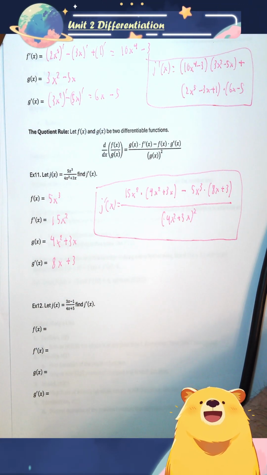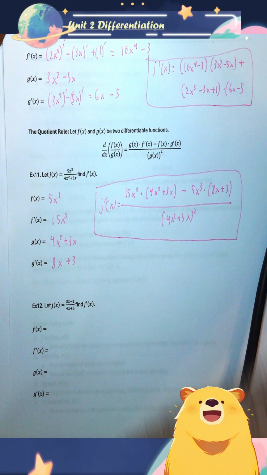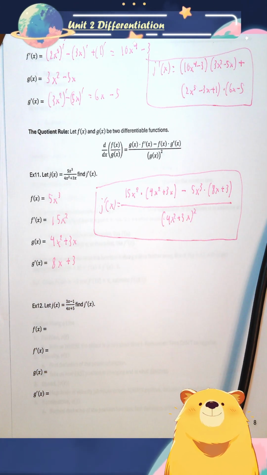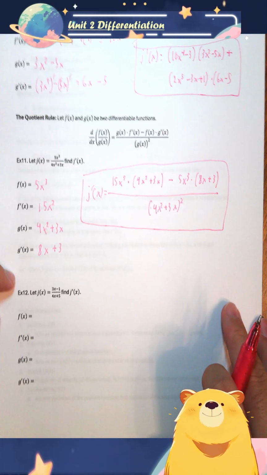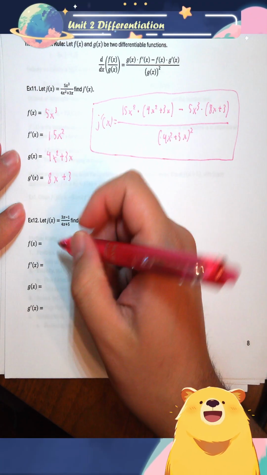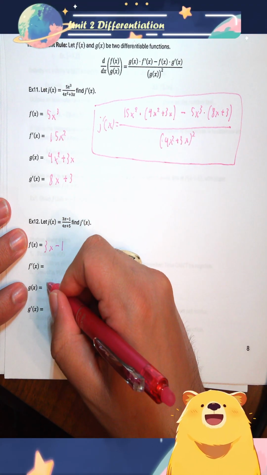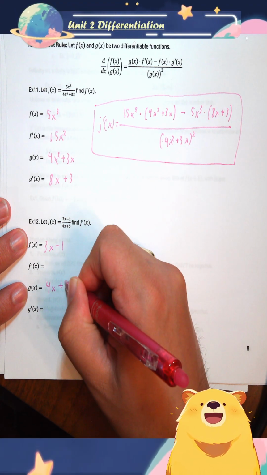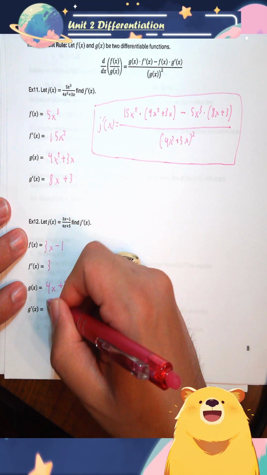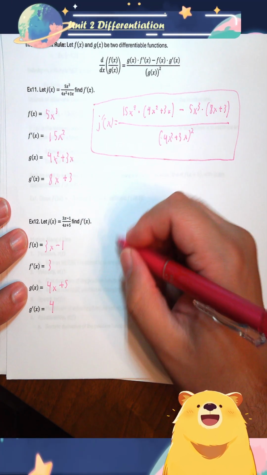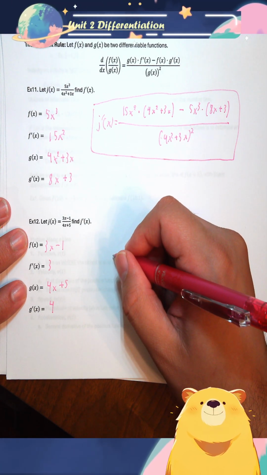Let's go ahead and keep this going with some simplification ideas. So here we have f of x is clearly 3x minus 1, and g of x is 4x plus 5. The derivatives are 3 and 4, respectively. And we're going to go ahead and do all of this.